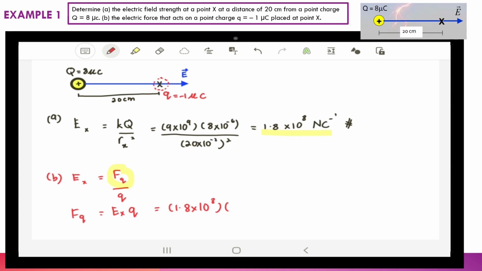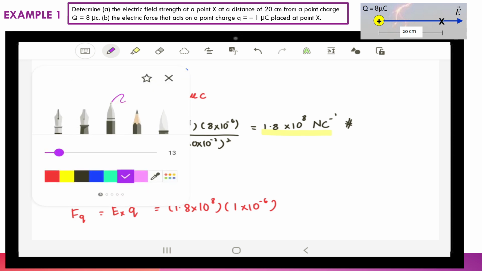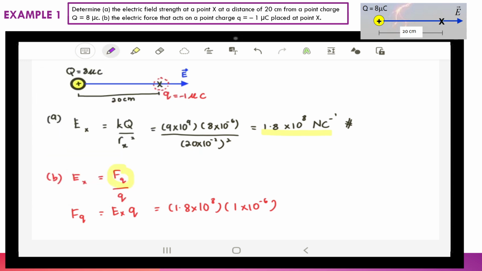Make sure you don't put the negative sign in your calculation because we already consider the direction. So what is the direction? Let's say I use the purple color, so this one is negative and this is positive. The direction must be in this direction, attracted. The negative charge must be attracted to the positive charge.